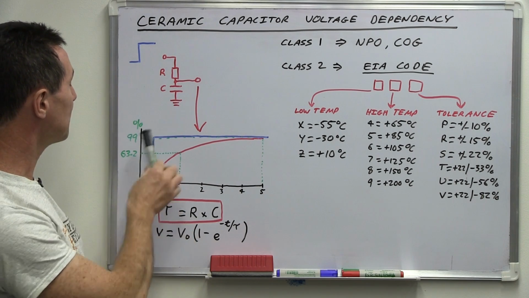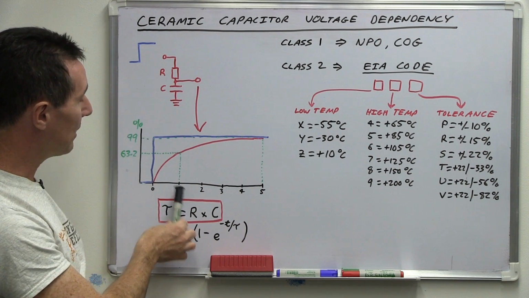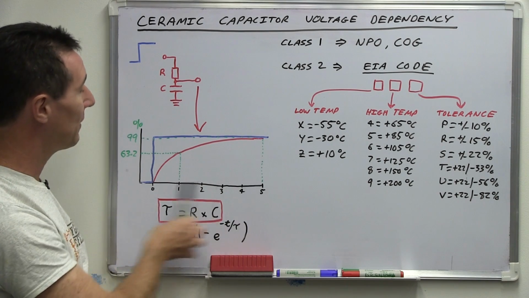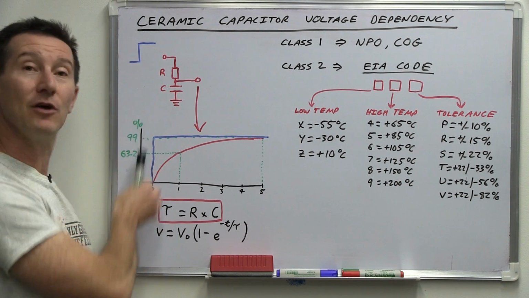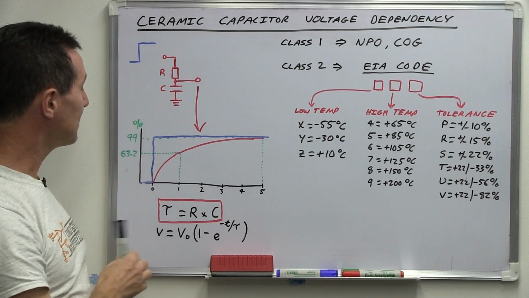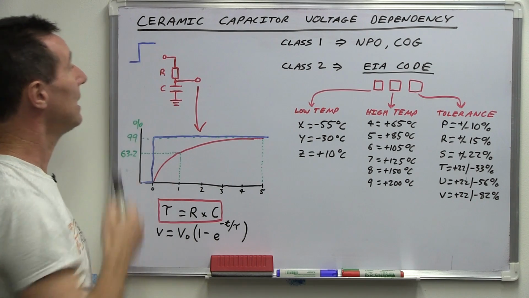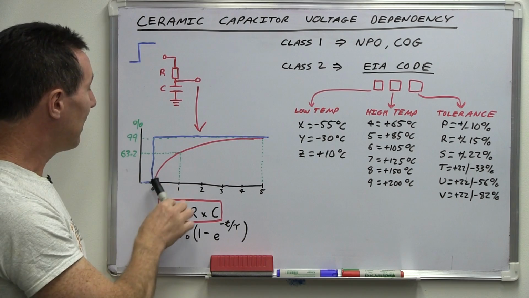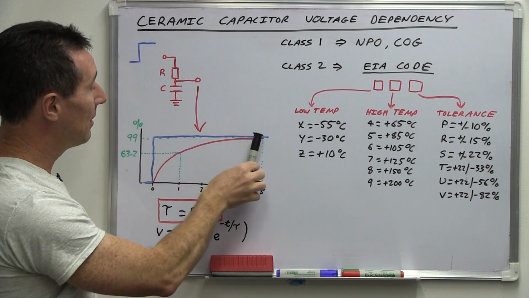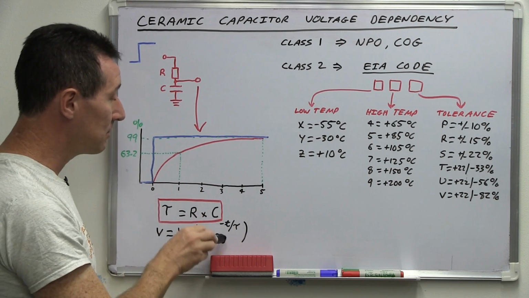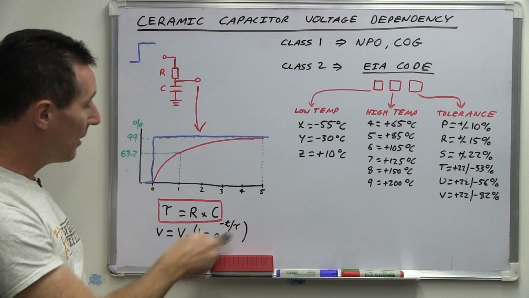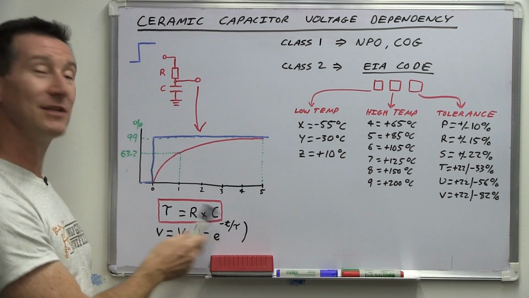One time constant is on the x-axis here, and the percent of charge is on the y-axis here. And if we put a step voltage in like this, then our capacitor will charge up with an exponential formula. The main formula is actually down here, but you can simplify it.